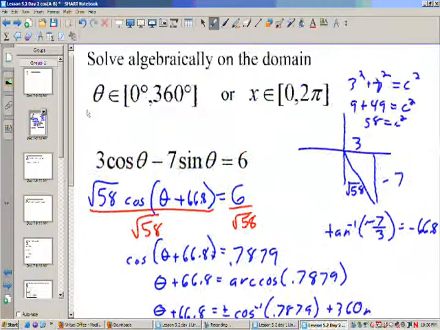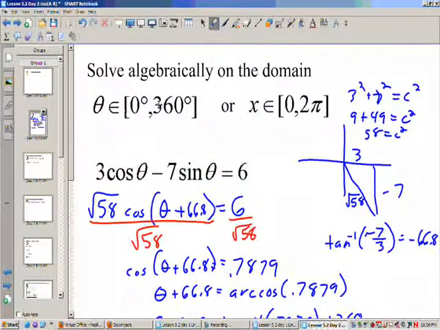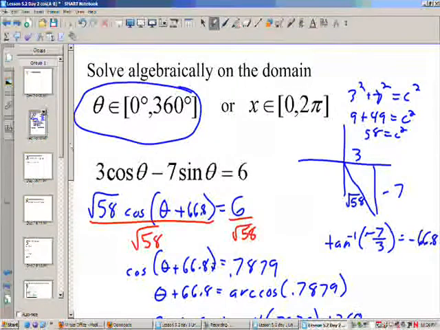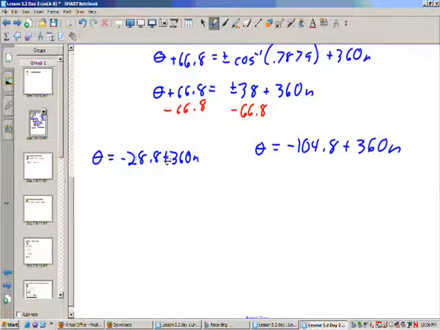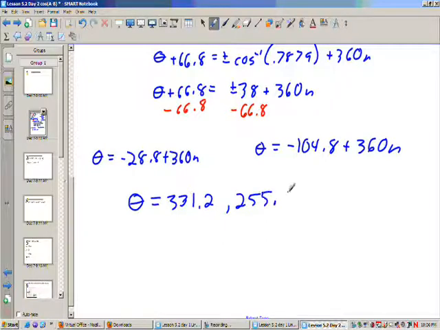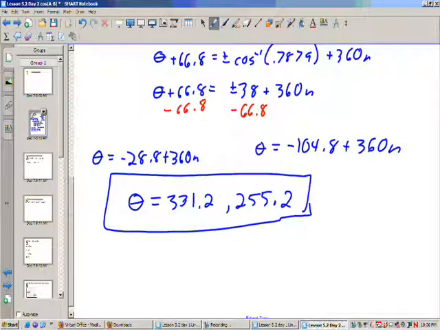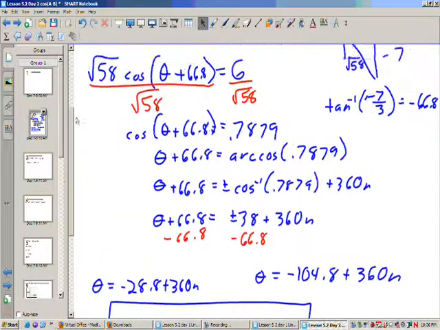Now I believe the question said solve algebraically and then find theta between 0 and 360. So neither of those answers are acceptable, but if I add 360 to them, I'll get 331.2, and over here I get 255.2. So those are the two values between 0 and 360 that will work for this equation.